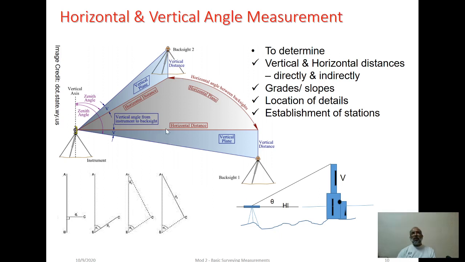Just to attach some more meaning, this vertical angle can also be measured with respect to the zenith, which is the point marked at the top of this vertical axis. We'll be discussing more about such terminologies as we proceed further.